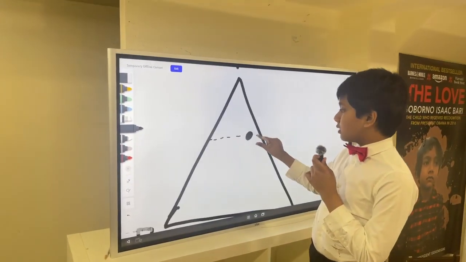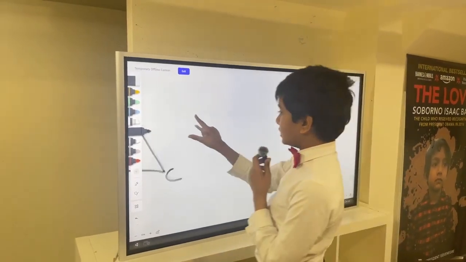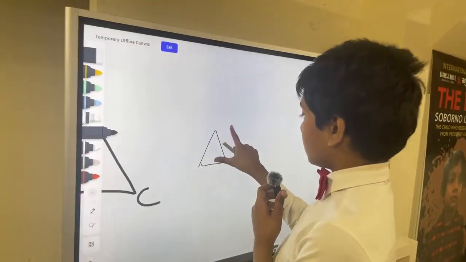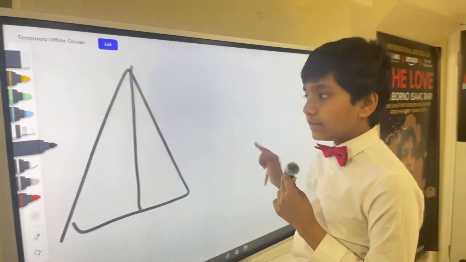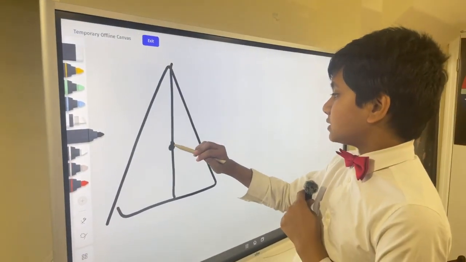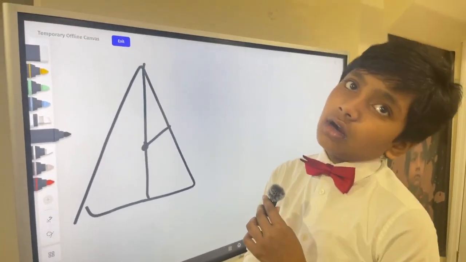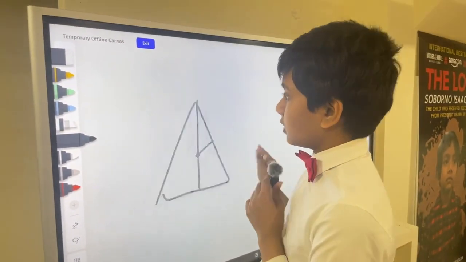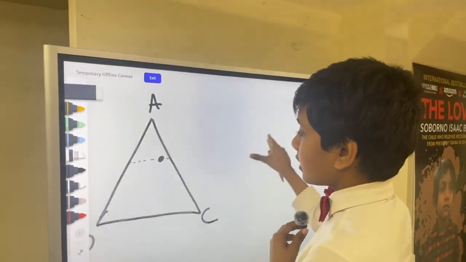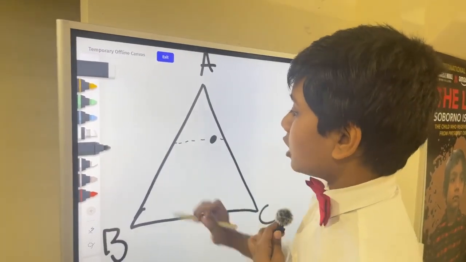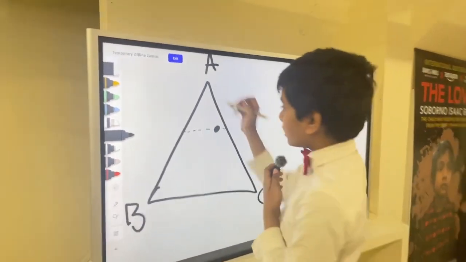Because if we had it say at any random place, like here, for example, then the distance from here to this leg would take an eternity to find. So now we can do it this way, or we can do it parallel to any one of the three sides.